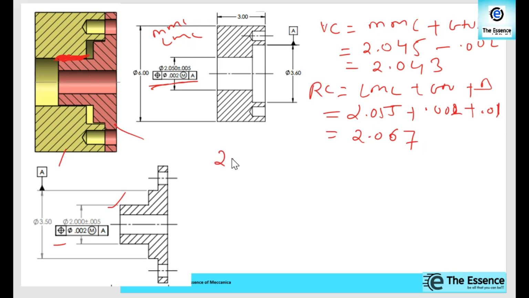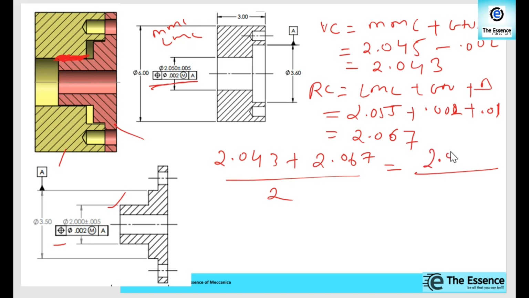Now we calculated that value. So 2.043 plus 2.067 divided by 2, that will be the mean value. What is that? Let us calculate. 2.043 plus 2.067 divided by 2, that is 2.055.